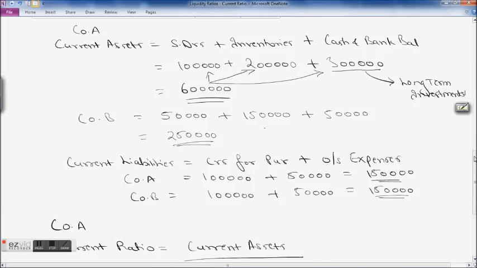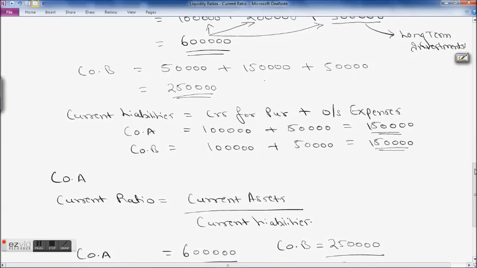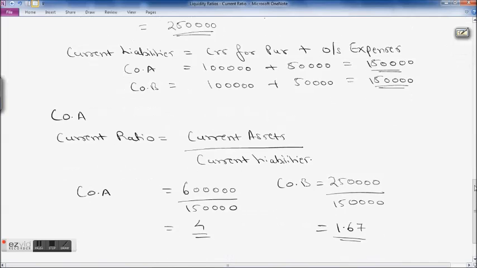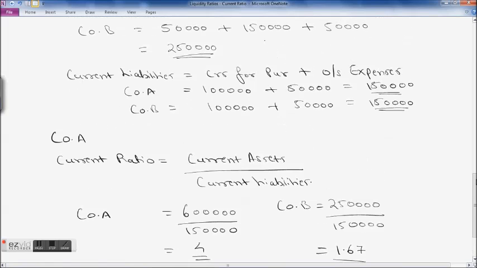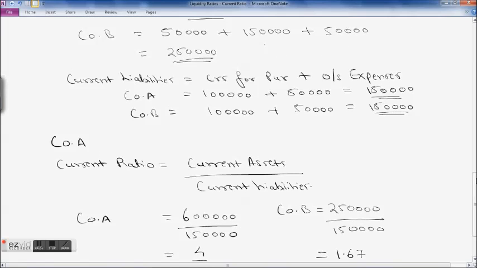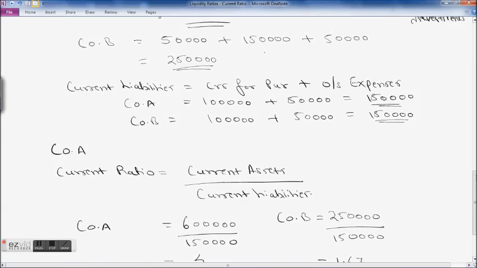Okay, now if you see company B, say tomorrow company B is dissolved or closed, it has a current asset balance of 2,50,000 and it has a current liability balance of 1,50,000. That is, it has a sufficient asset balance to cover its liabilities.